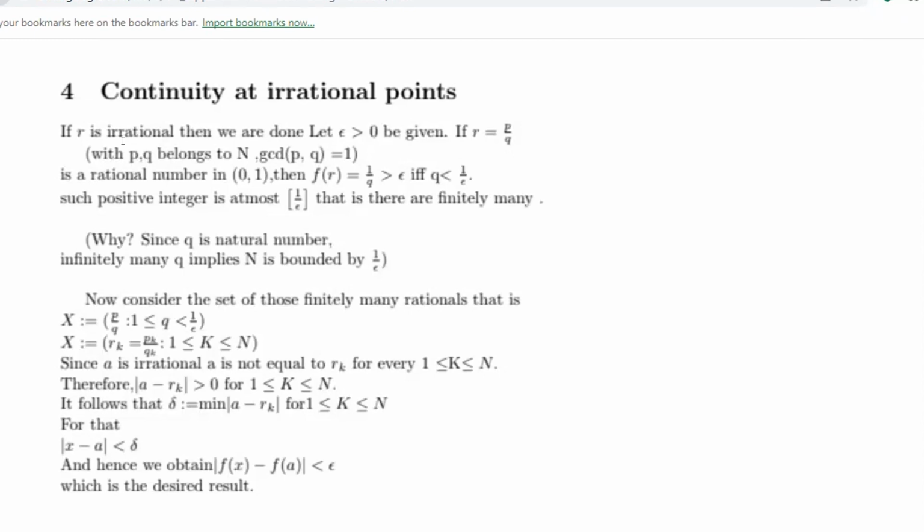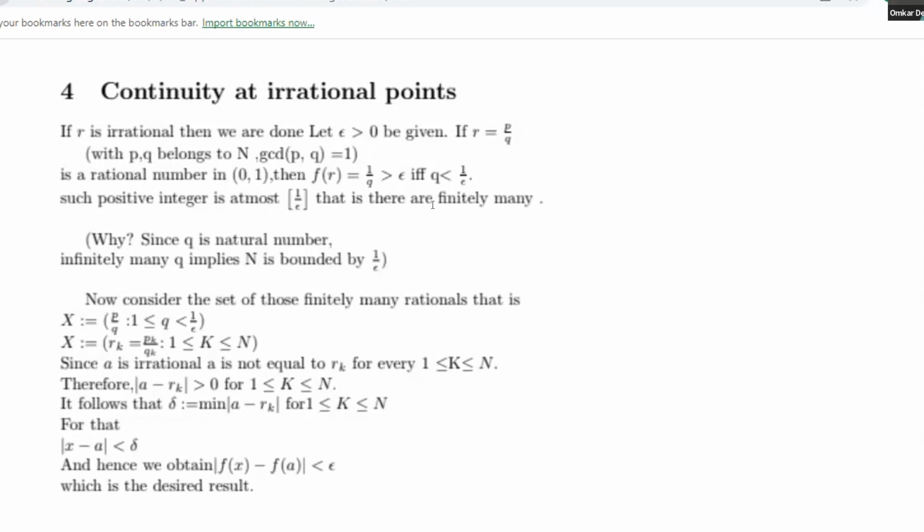By definition of my function, q is a natural number. So if infinitely many, then the infinitely many natural numbers are less than 1 by epsilon, which implies 1 by epsilon is an upper bound of these infinitely many natural numbers. And that will imply n is bounded above by 1 by epsilon.